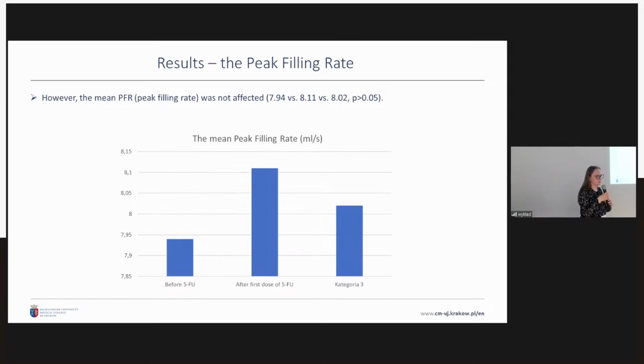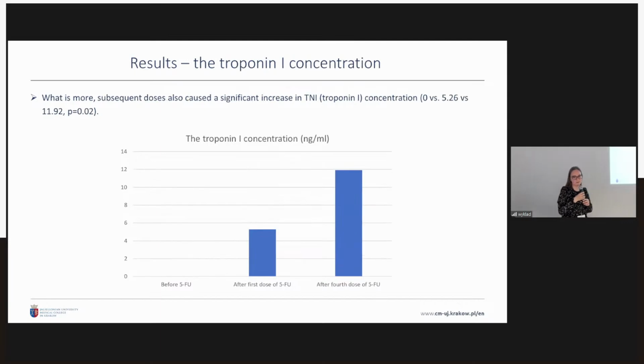However, the mean peak filling rate was not affected by this, but the concentration of troponin I in the blood samples was significantly increased after the doses.